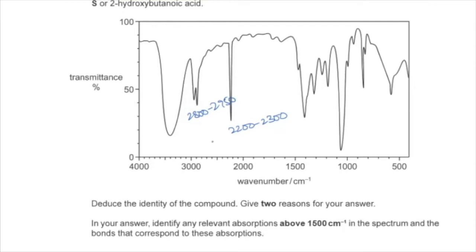Now when you try matching these absorptions with values in your data booklet, you will know that this infrared spectrum is of compound S, because there is an absorption due to nitrile group, and also because there is no absorption due to COOH group, which should be between 2500 to 3000 per centimeter. There should be a strong peak due to COOH group, but since this peak is not present in the infrared spectrum, we are going to conclude that this infrared spectrum is of compound S.